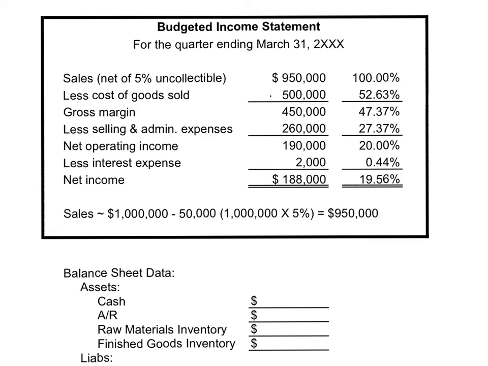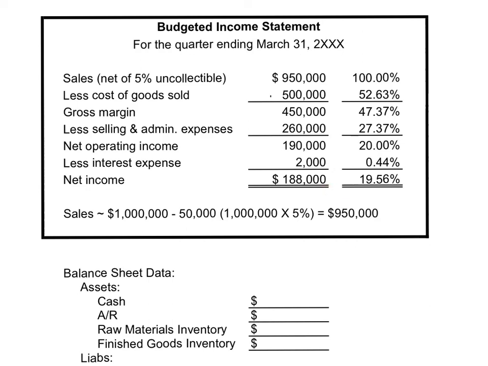Now my selling and administrative expenses are going to come from my selling and administrative budget. So that gives us a net operating income of 190,000, less our interest expense from the cash budget of 2,000, net income of 188,000.